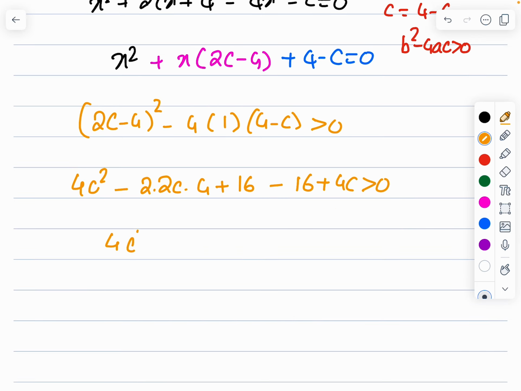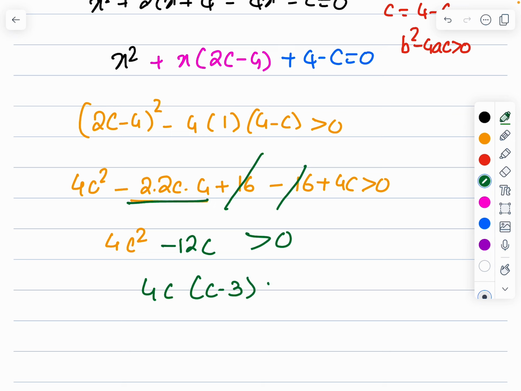It becomes 4c square minus 16c plus 4c, which will become minus 12c, and 16 cancels, greater than 0. 4c common, c minus 3 is greater than 0. The roots are 0 and 3. So c is greater than 3, c is lesser than 0.